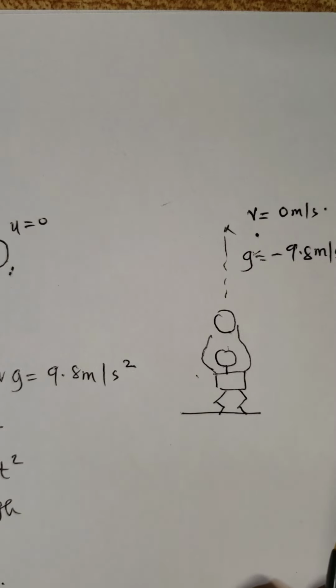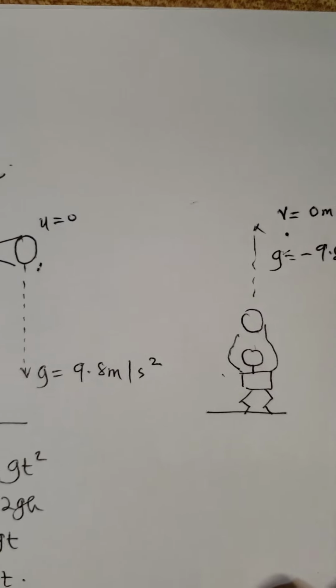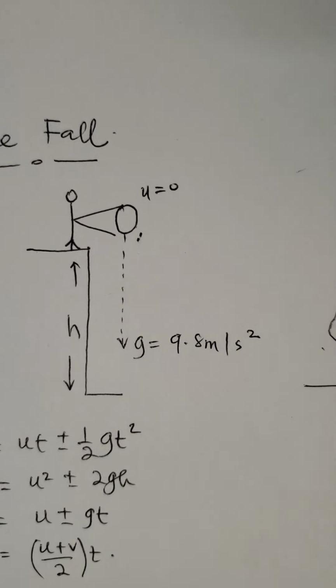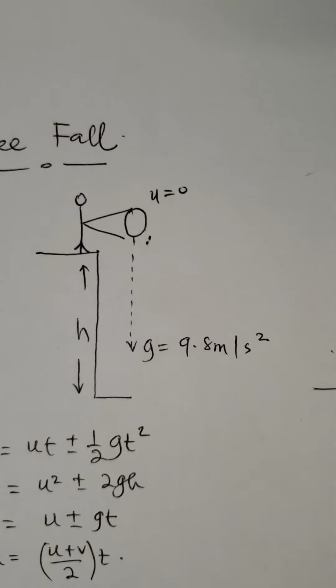Now the final salient point here is that if an object is projected upward, the velocity at which it is launched upward is equal in magnitude but opposite in sign to the velocity that it has when it returns to the same height.